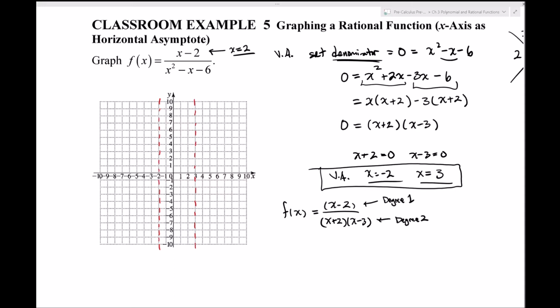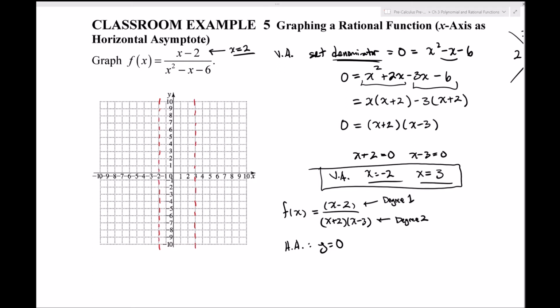So then we compare the degrees, top and bottom. If the degree on the bottom, the denominator, is larger than the degree on the top, then we are always going to have a horizontal asymptote of y equals 0, the x-axis. Unless the denominator contains a factor of x by itself, because if we had an x on the bottom, then we don't have an asymptote.